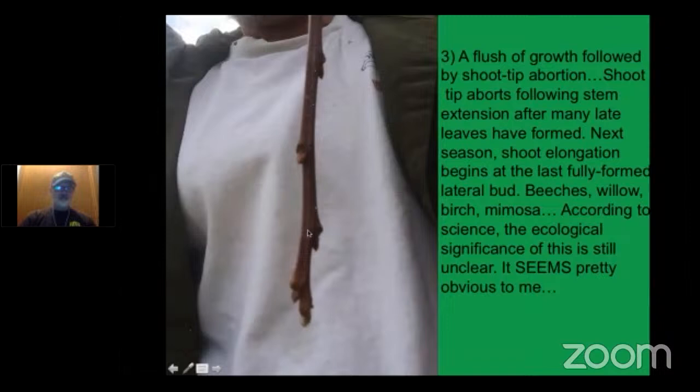And during the course of the season, these side buds are forming. Then all of a sudden, it gets too cold and it freezes the tip off. And then it leaves that behind. And according to science, the ecological significance of this seems unclear, but it seems pretty darn obvious to me.